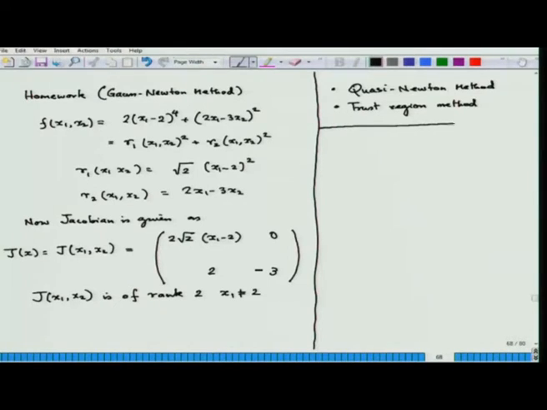So, the idea is that in the coming lectures we study in detail the Karush-Kuhn-Tucker conditions. The quasi-Newton method and the trust region method would be done as an example of the application of the Karush-Kuhn-Tucker conditions or the ideas of constrained optimization.